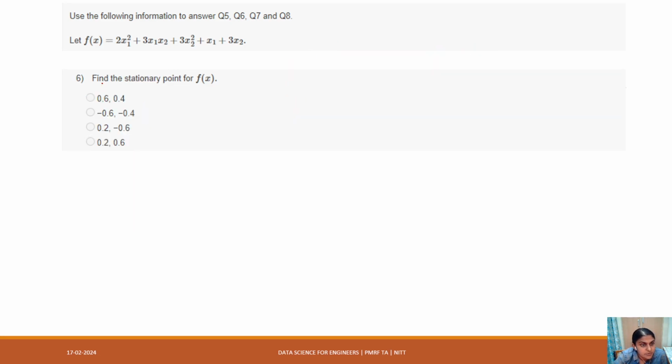Find the stationary point for f of x. I'll rewrite here what you just found: del of f is 4x1 plus 3x2 plus 1 and 3x1 plus 6x2 plus 3. Now you have to find the stationary point. Substitute dou f by dou x1 equal to 0 and dou f by dou x2 equal to 0.